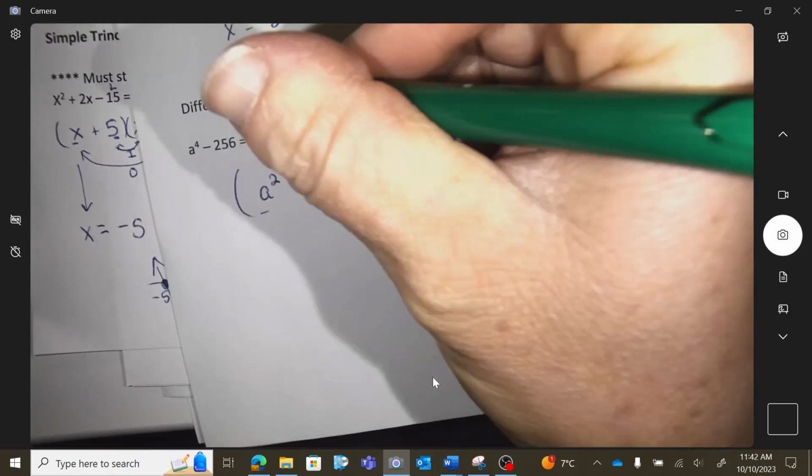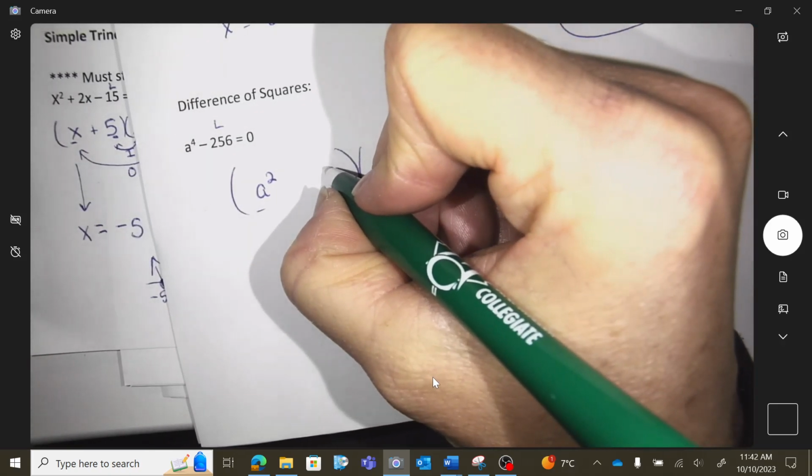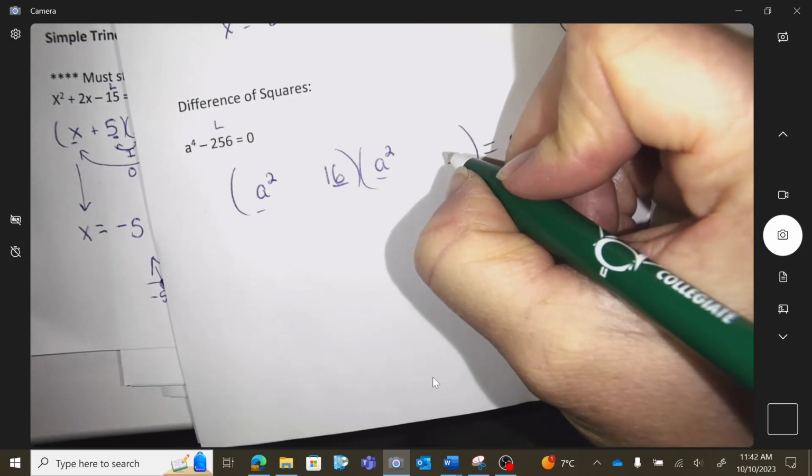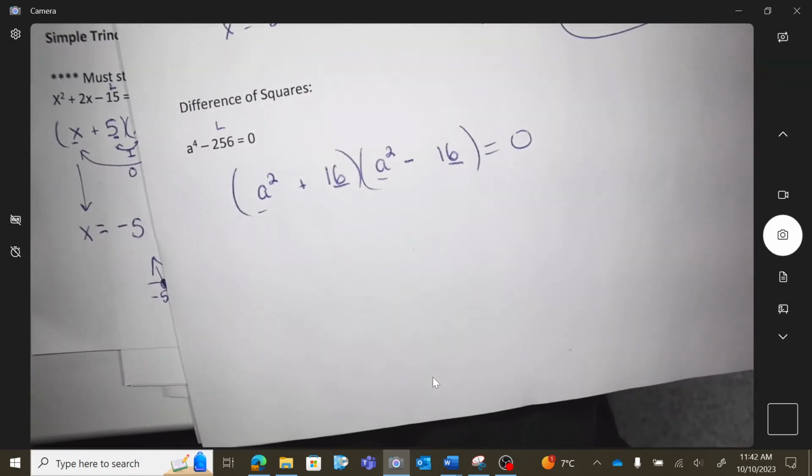What times what gets you 256? Anybody know that number? Anybody test it? Is it 16 times 16? Yeah? Okay. Okay, so plus, minus.